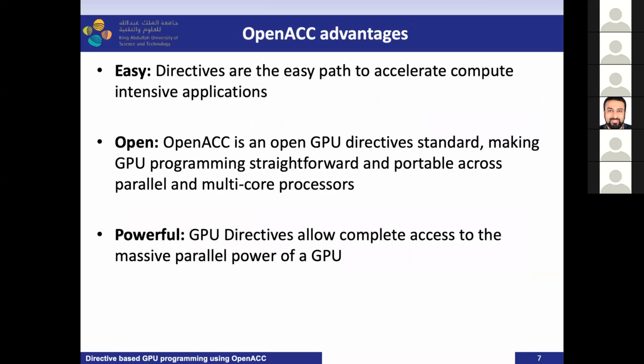All right, so why OpenACC? There are three main advantages. One is the primary use of directives, which is the easiness. It's an easy path to accelerate computer science applications using simple directives that you can insert in your code. Then it's open. It's an open standard that is available to everyone.